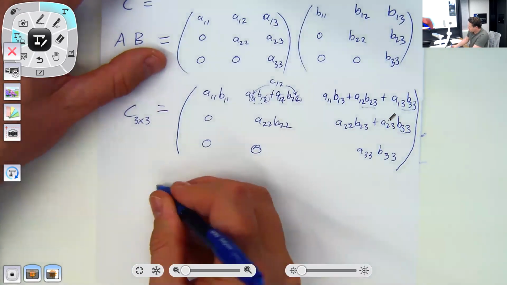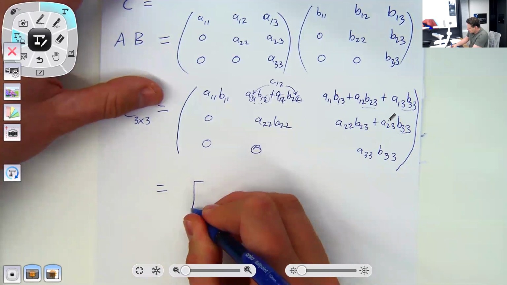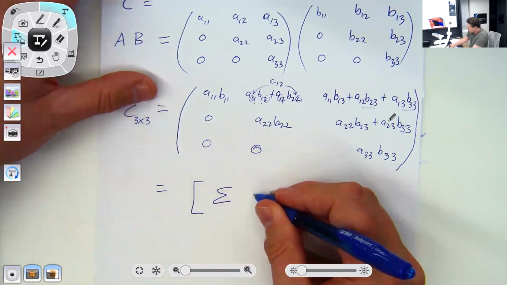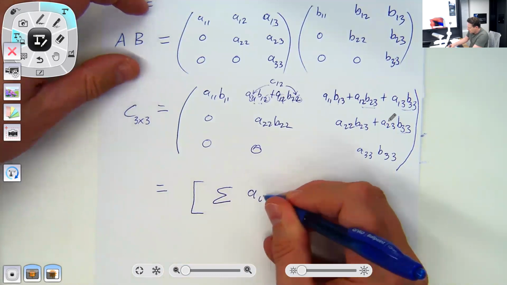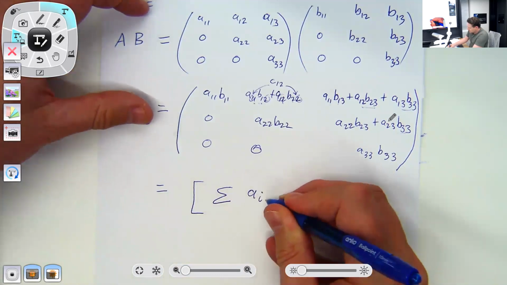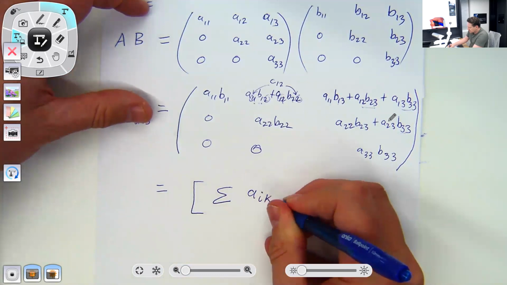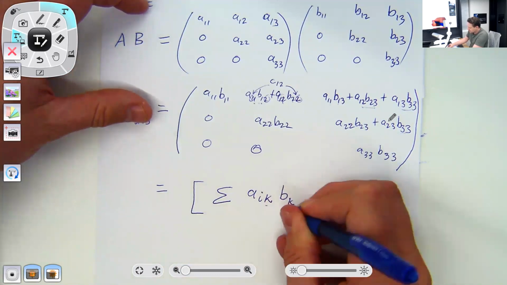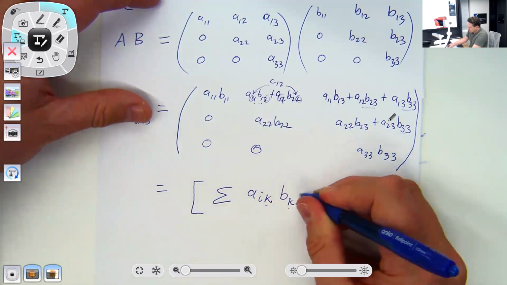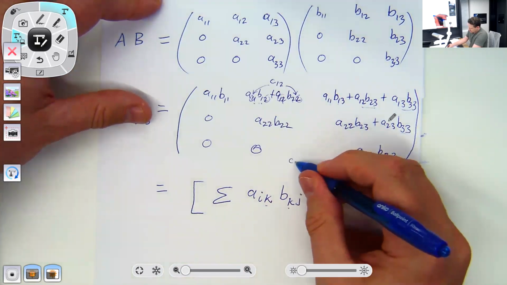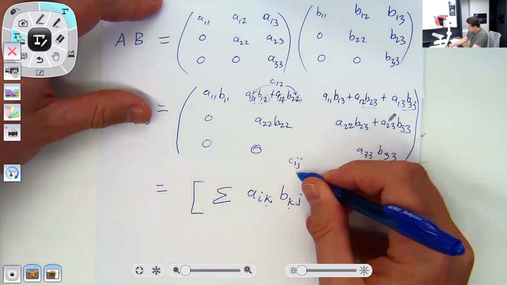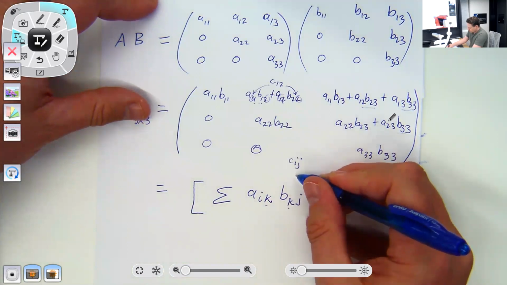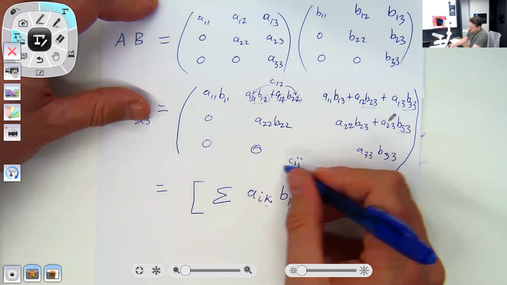Okay, so we can write this in general as a sum, and remember we pointed out that we've got a sum of Aik. The other one is, let's put a K there. And then here we put a Bk, so these two are matching. And then a J, meaning that this is our Cij term here. Well, yeah, the sum is the Cij term, right?